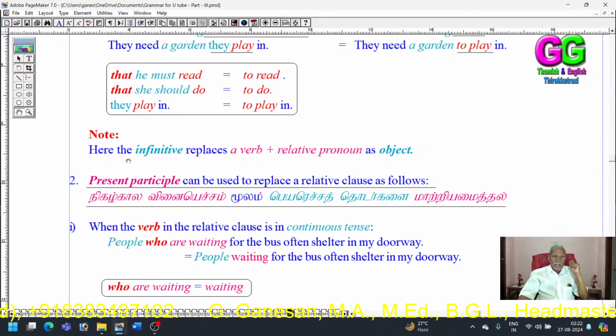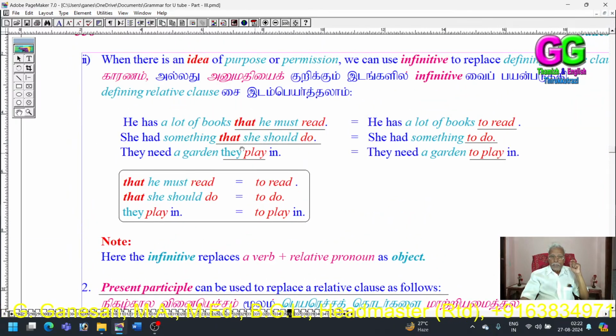Note, here the infinitive replaces a verb plus relative pronoun as object. My dear students, in these sentences, "that he must," "that she should," "they play," all these relative clauses are objects of the sentence.